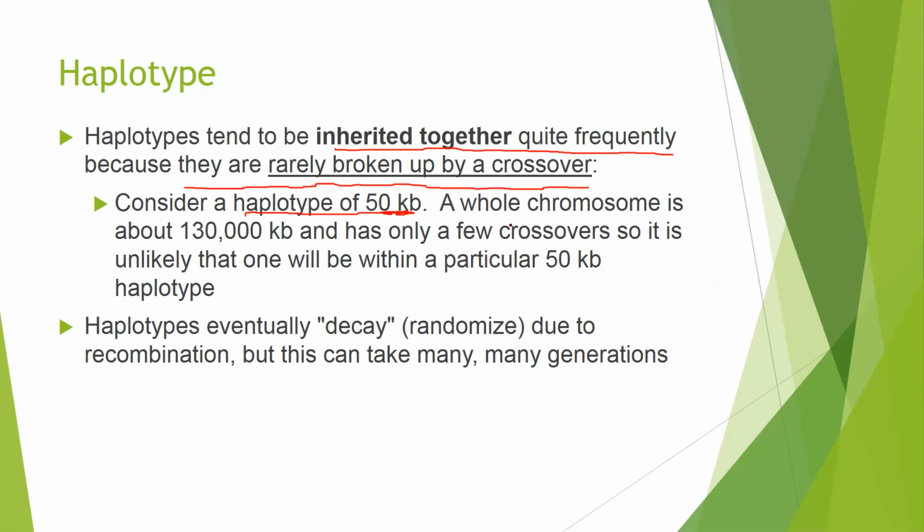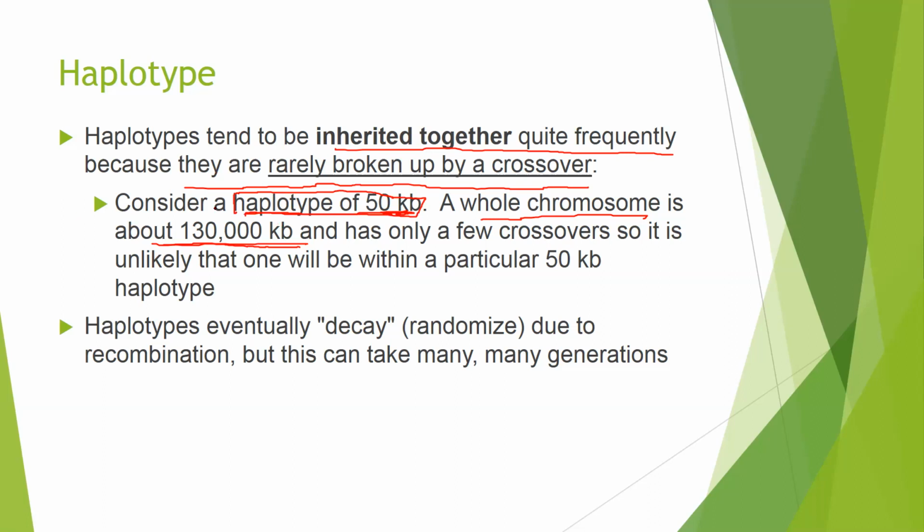If you look at the entire length of a chromosome, the whole chromosome is about this long. The longer the chromosome, the more chance for crossing over to occur during meiosis, right? We have learned this. So if the haplotype is very short, the chance of crossing over within this haplotype is very low.